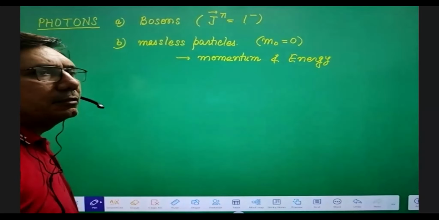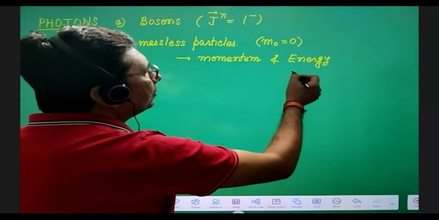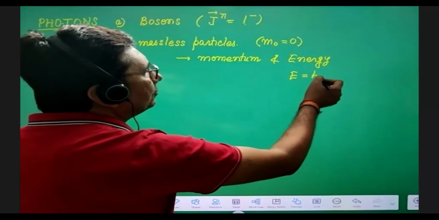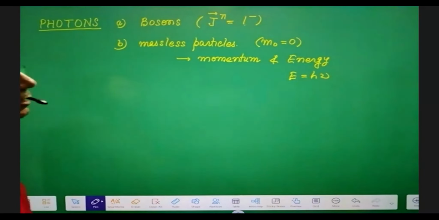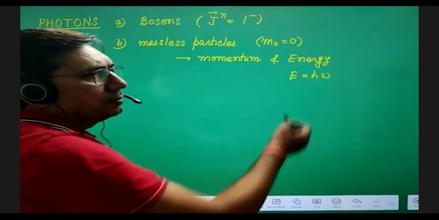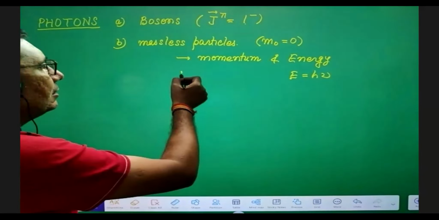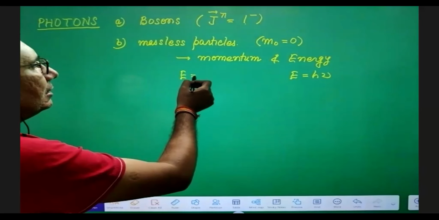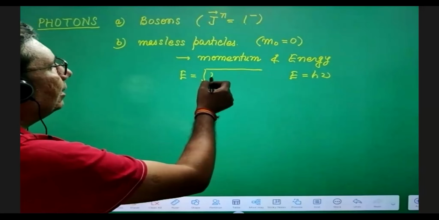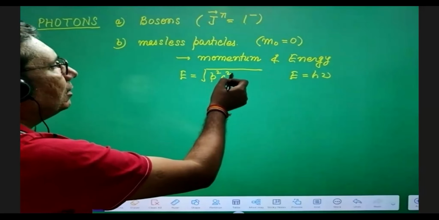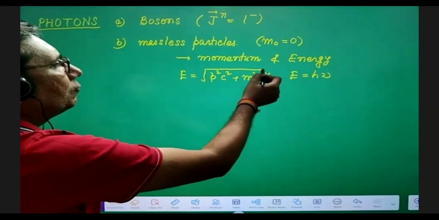What will be the energy of these photons? That will be h nu. Nu is the frequency of the photon. H is the Planck's constant. And what will be their momentum? Total energy E squared will be P squared C squared plus m naught squared C to the power 4.